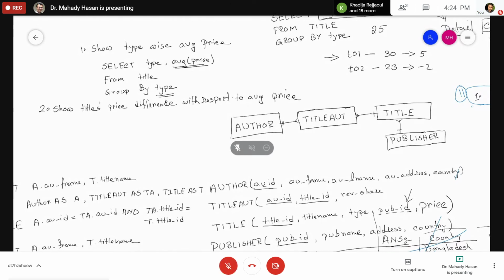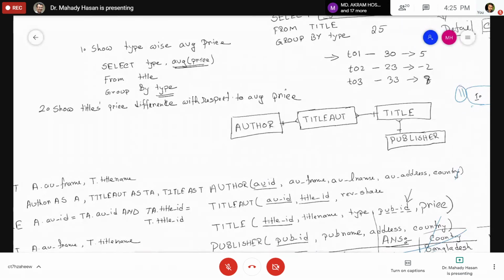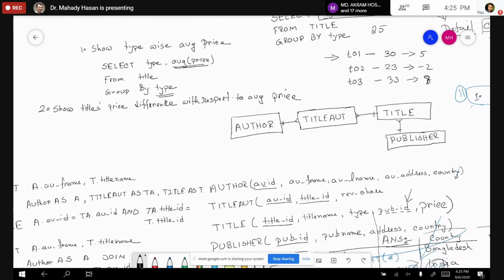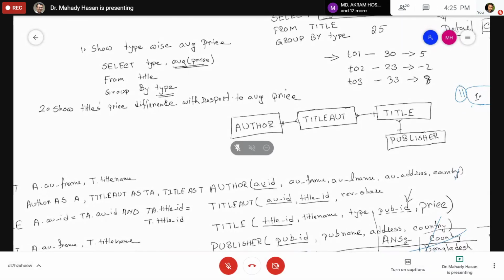Make sense? If title 03 is, let's say, 33, this would be 7, no sorry 8, right? Is it okay? Are you getting it? Okay, now how can I do this? How to write this SQL?